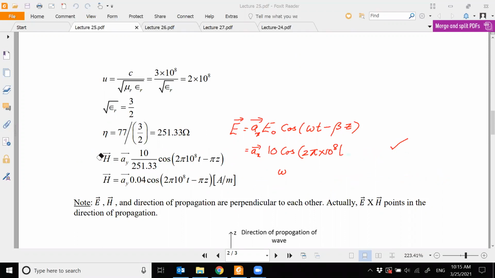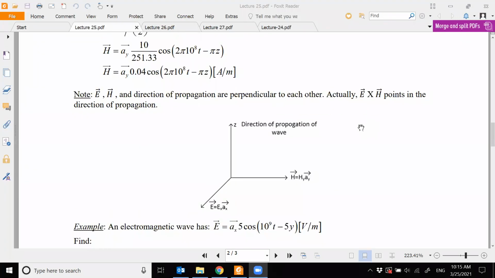We also spent time in the last class looking at the directions. This is your magnetic field, and the associated electric field was E bar equal to Ax 10 cosine of 2 pi 10 to the power of 8 t minus pi z volts per meter.